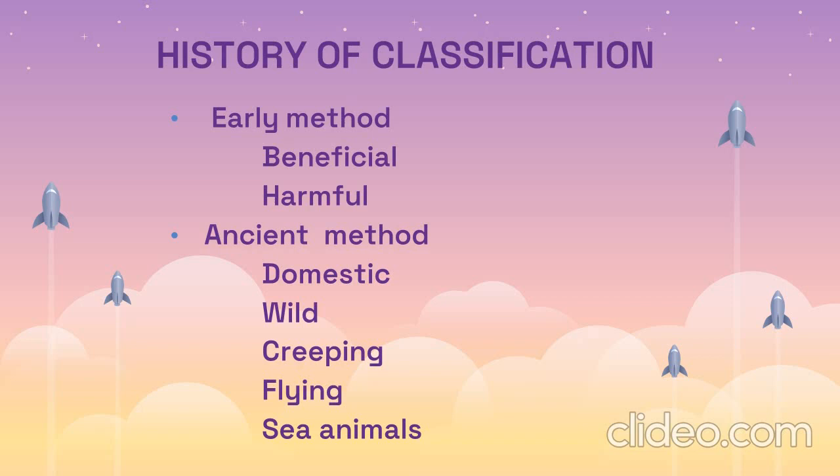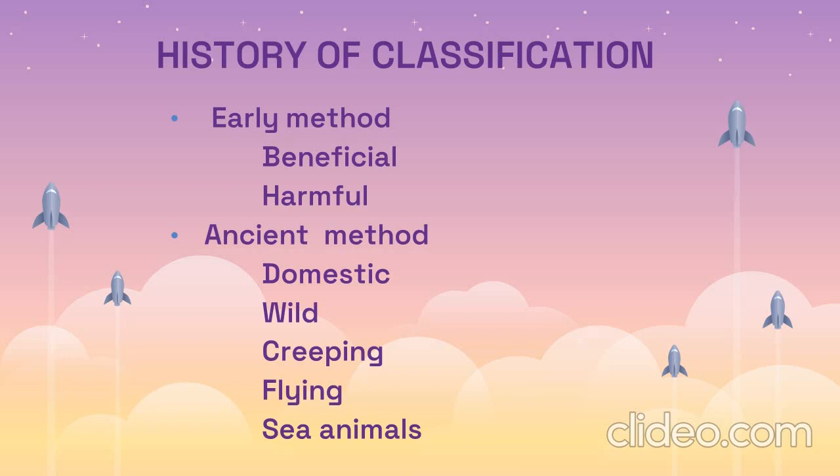Okay. And again, as days passed, they gave another classification system, because if we categorize only in two groups, beneficial and harmful, the number of species will be more and more. Am I right? That's why they gave a few more classifications. So how did they do it here? Domestic animals, wild animals. The organisms which mingle among humans, they categorized as domestic animals.